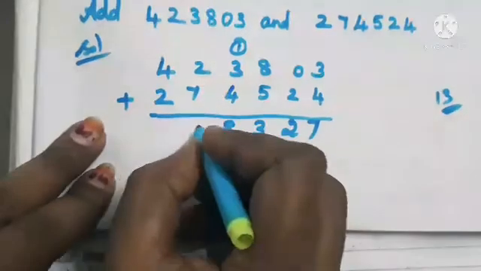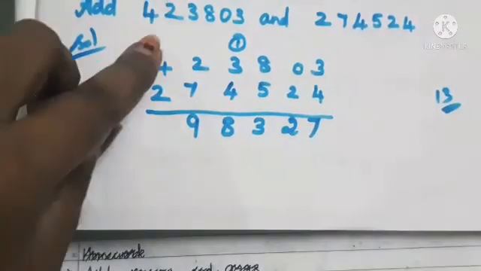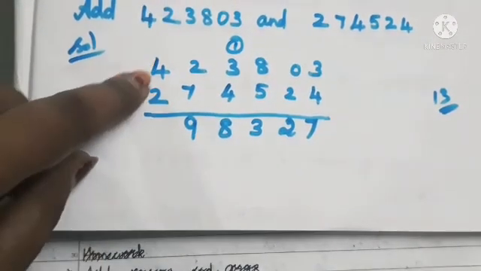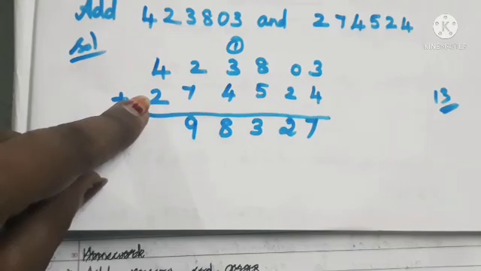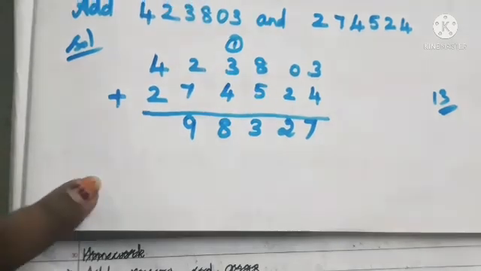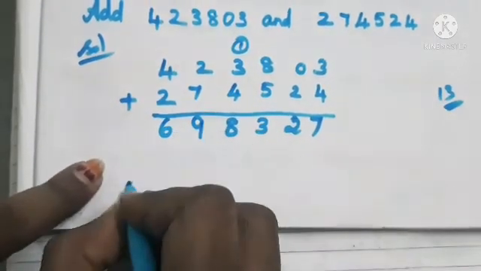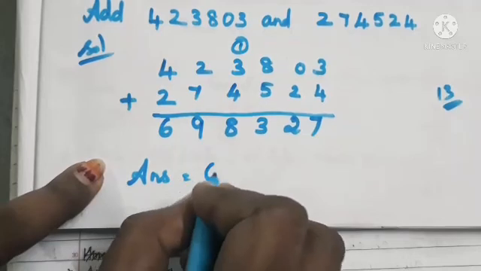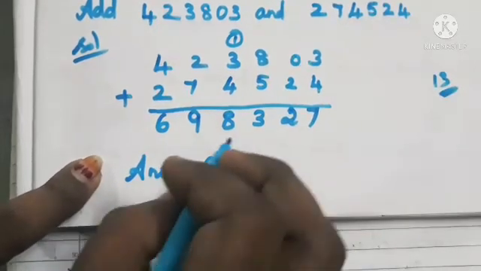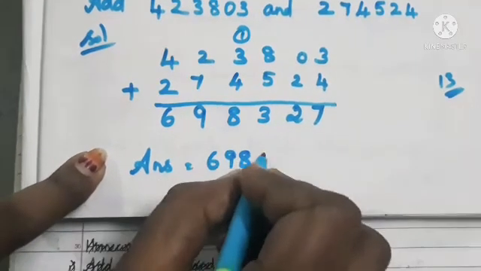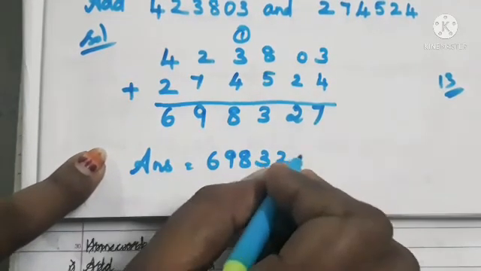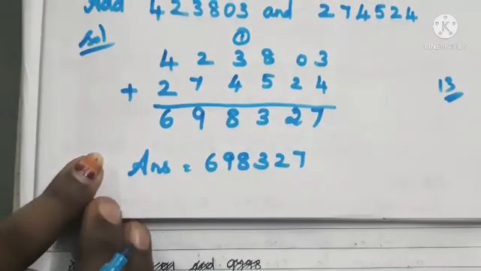So we got 9 as the answer here. Next 4 plus 2. 4 in the mind, take 2 in the finger. 4, after that 5, 6 is the answer. So the answer is 6,9,8,3,2,7. This is our answer.